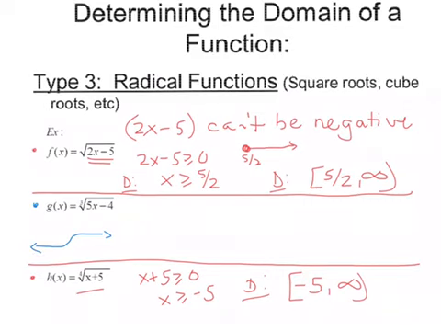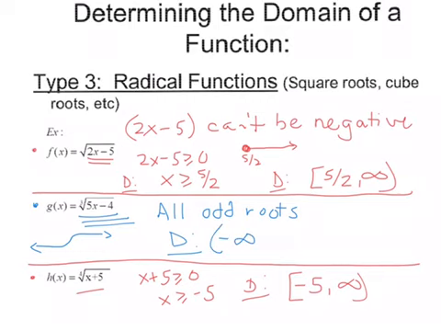So therefore, for cube roots, fifth roots, seventh roots, all odd roots, the domain is from negative infinity to infinity, or as we talked about in the first one, all real numbers. And that's the domain of radical functions, simplest form in a nutshell.